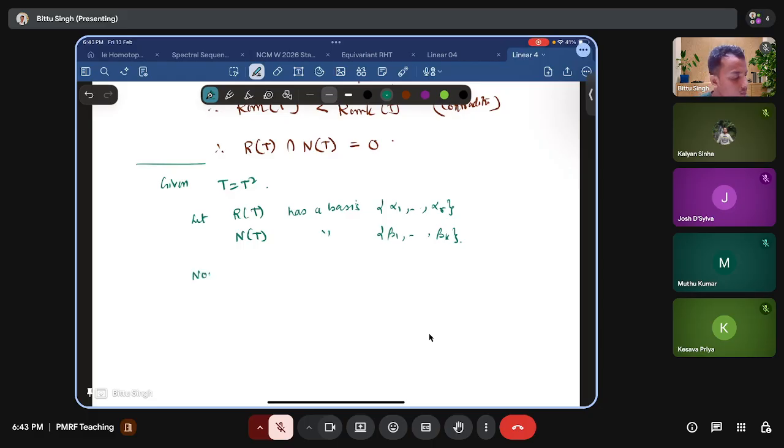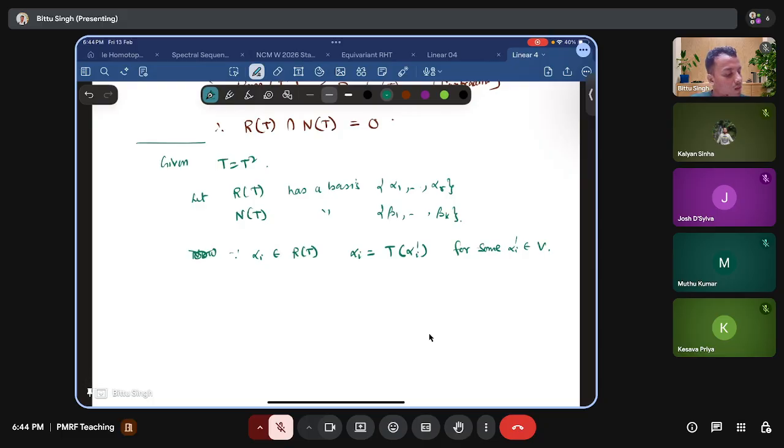Now those alpha i's are from the range space, right? Therefore alpha i belongs to the range space. So alpha i is T of some alpha i dash, for some alpha i dash belonging to V. This is true for i equal to 1 to r.